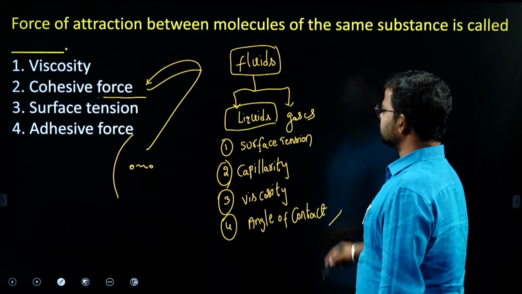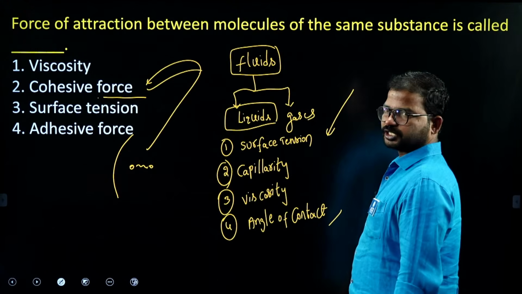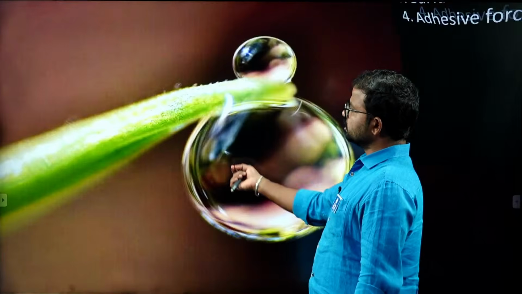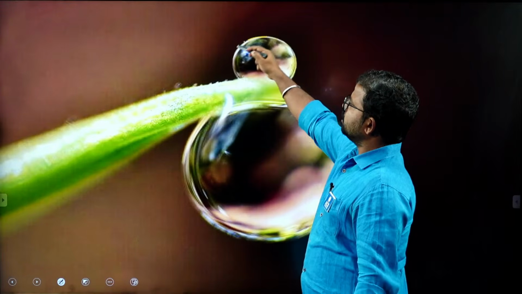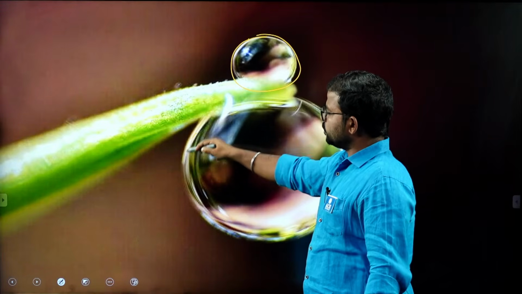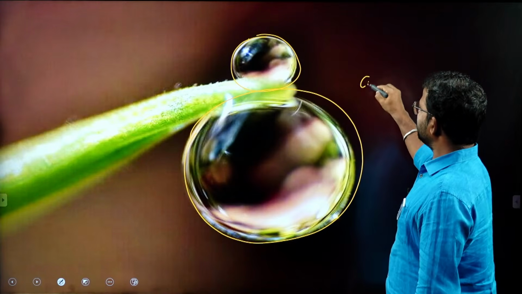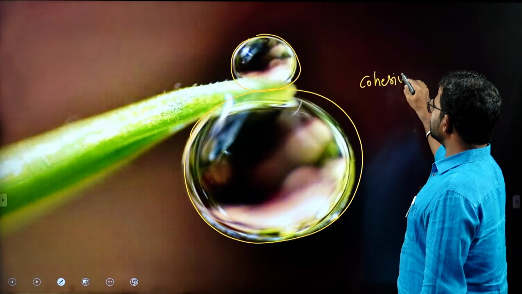Because of cohesive forces, a liquid exhibits surface tension. This is the best example: a raindrop or water drop is completely spherical because of cohesive forces.